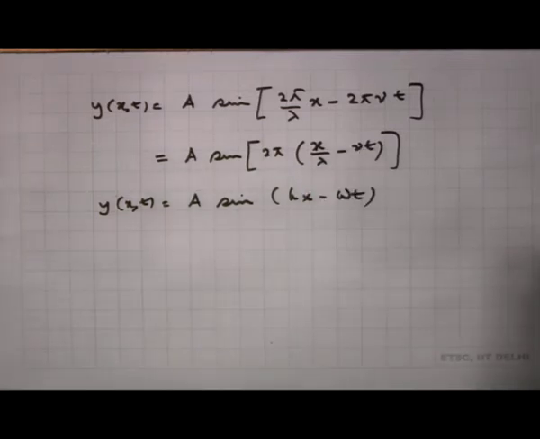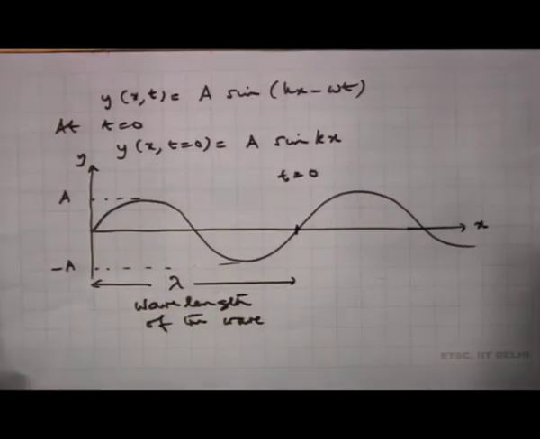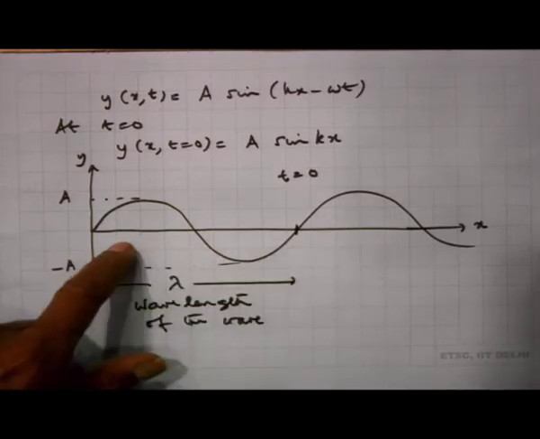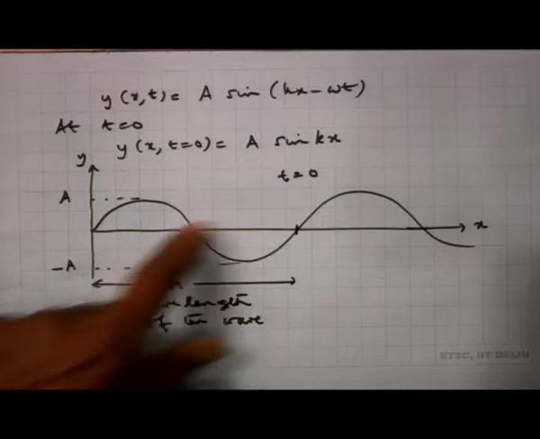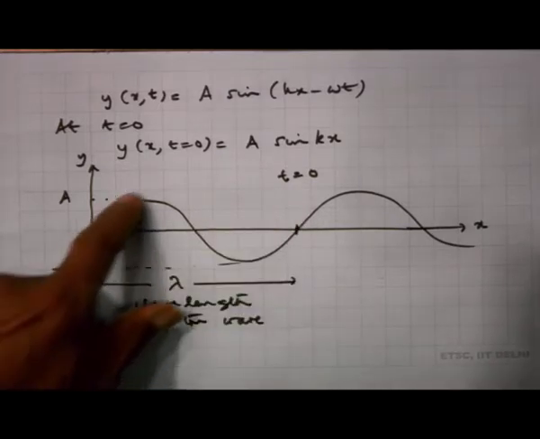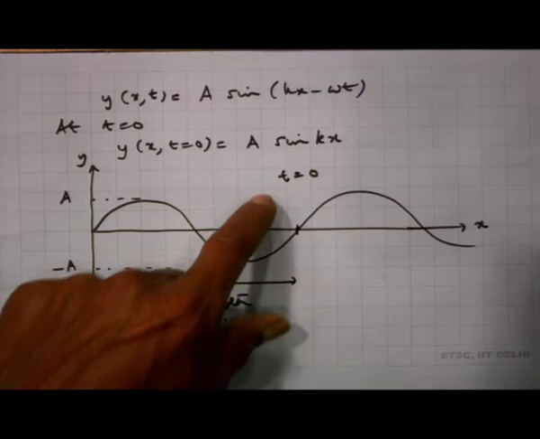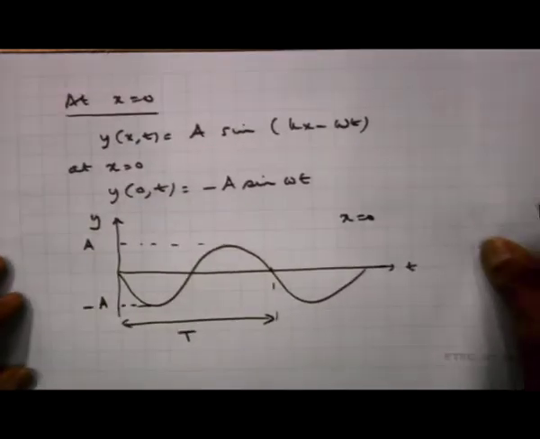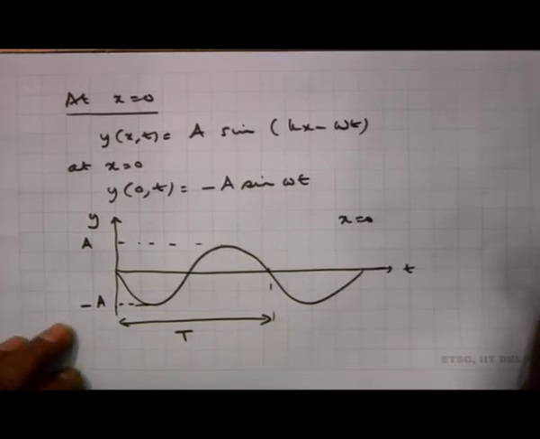So, please differentiate between these two figures, one showing the shape of the string at a given time as a function of x. This is a snapshot of the string at any instant of time, how it will look at a given instant of time, and this other figure which is how the string at any point moves.